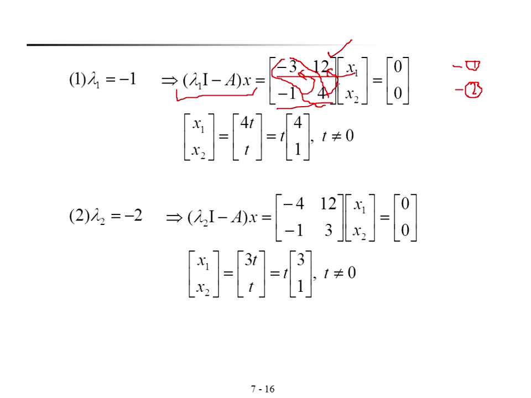With the help of multiplication you will get row 2 as 0. So the rank of the matrix is 1. That is why we take only the first equation.